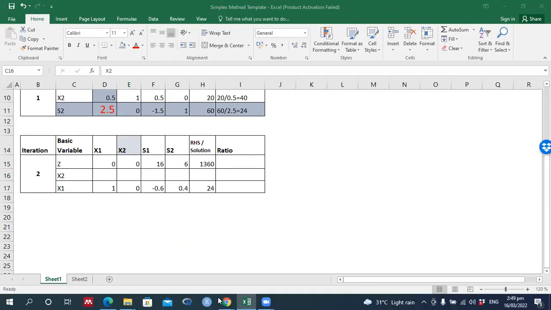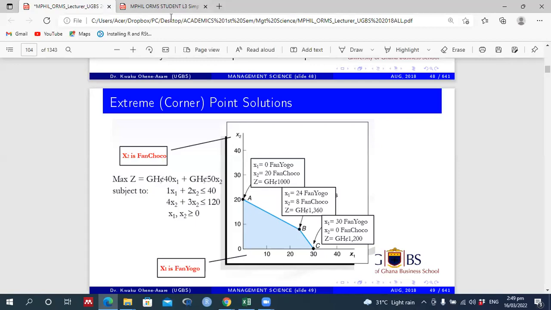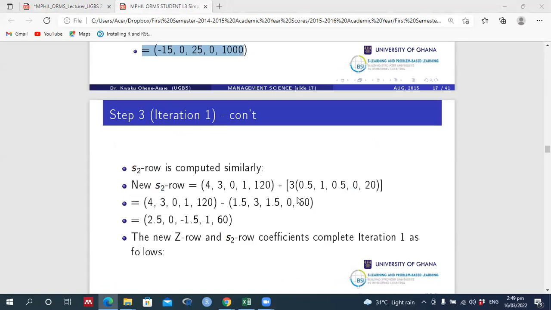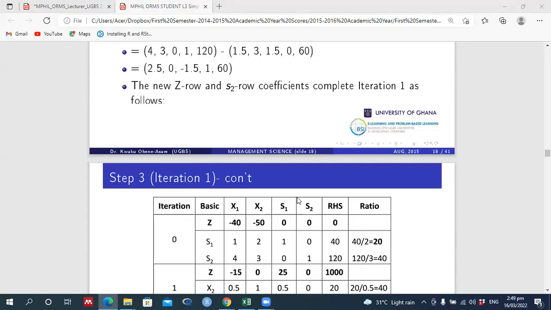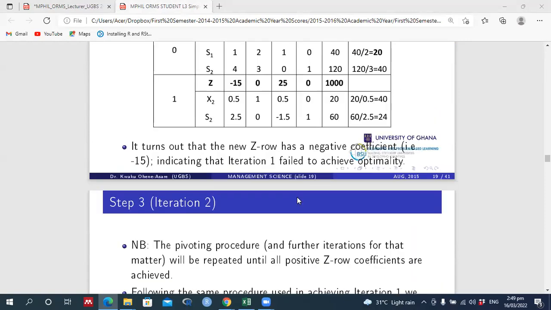Okay, please, do we see the slides? Are you seeing the slides? Yes, we do. Okay, all right. So I want us to go to that iteration and look at the computation there.